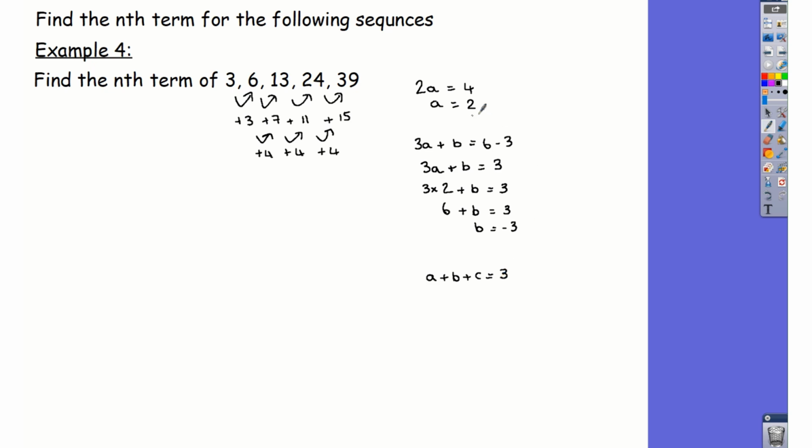So if we substitute in what we've got so far, we've got 2 add minus 3 add c is equal to 3. So we've got negative 1 add c is equal to 3. So now the value of c has got to be equal to 4. So in this case, my nth term would give me 2n squared minus 3n add 4. And hopefully you got that same answer.